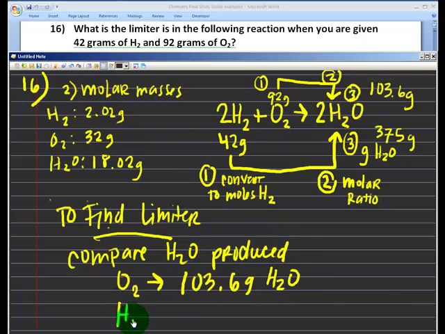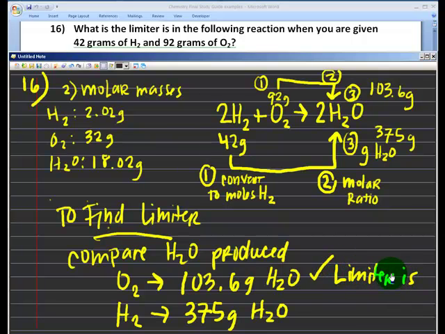And H2, so 42 grams of H2 produces 375 grams of H2O. So which one is your limiter? The one that produces less grams of H2O, which would be O2. So the answer is O2. Oxygen gas is your limiter.